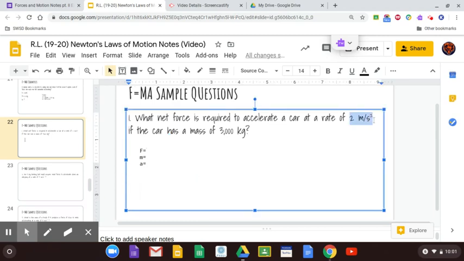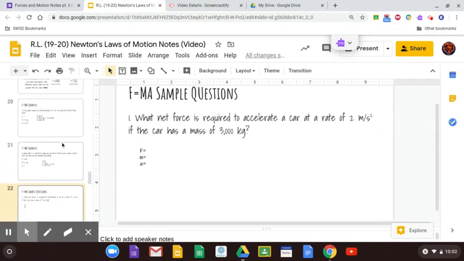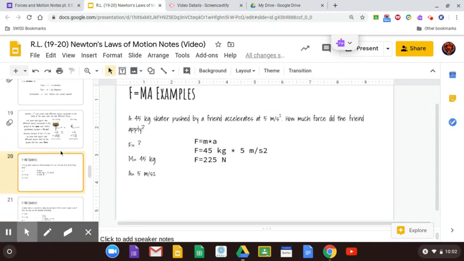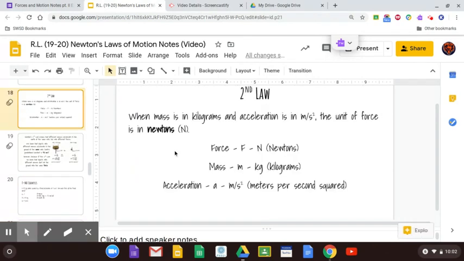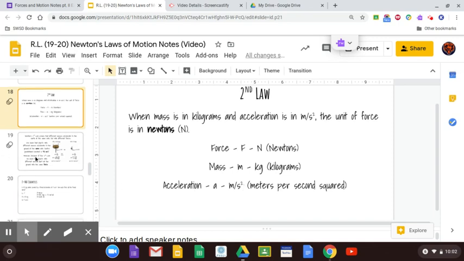I see 2 meters per second squared here. Meters per second squared clues me in that that is going to be acceleration. Again, if you're not sure, you can always look back at this slide here. Meters per second squared. Oh, that's acceleration. Makes sense.